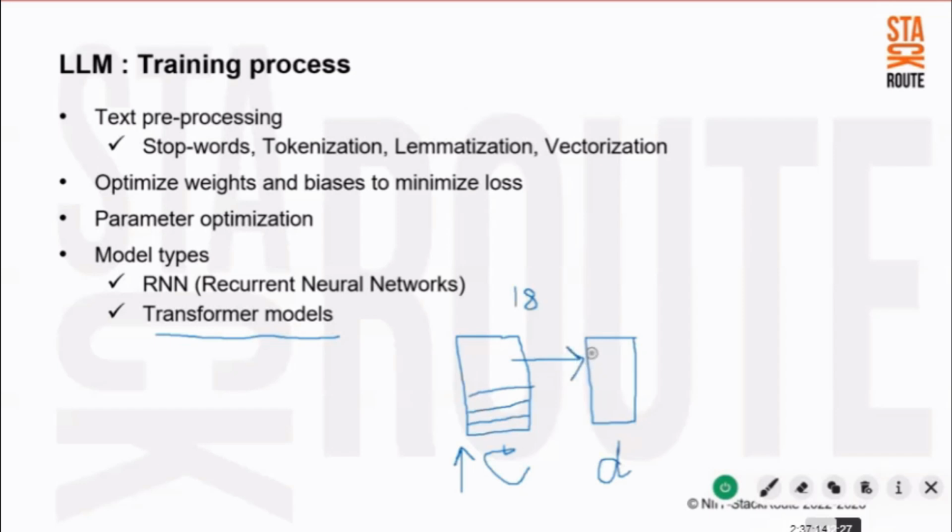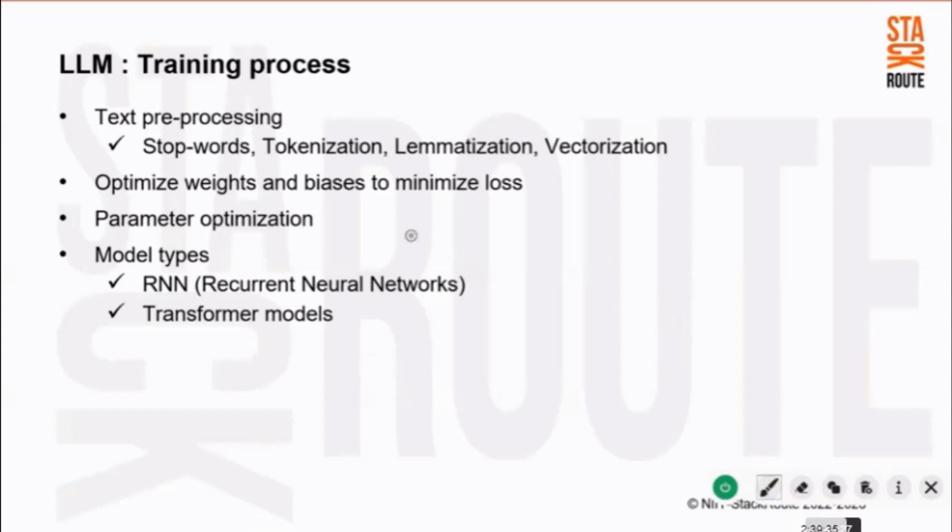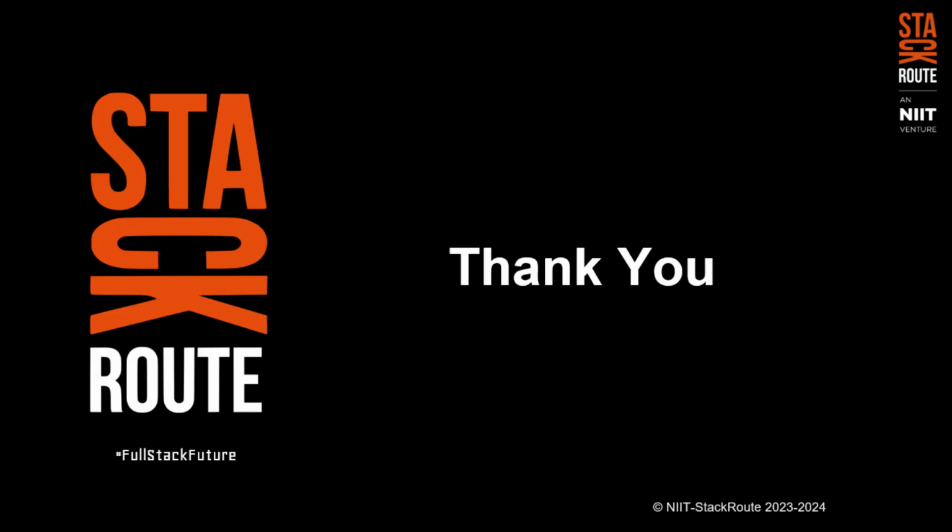The decoder layer also has 18 layers, where it finds the relation of these words and then gives the response. So this is the transformer model which is used in ChatGPT and other language models. So these are the training processes and how these networks are built. Thank you, everyone.